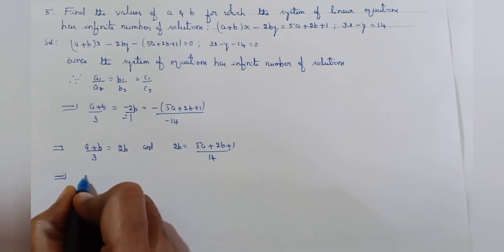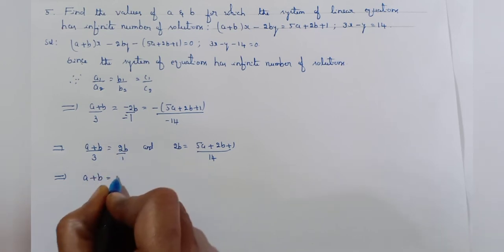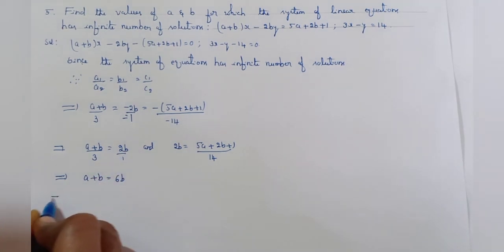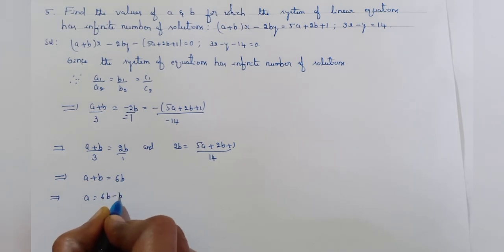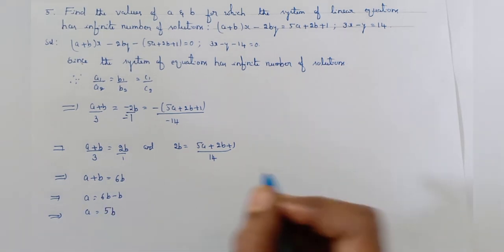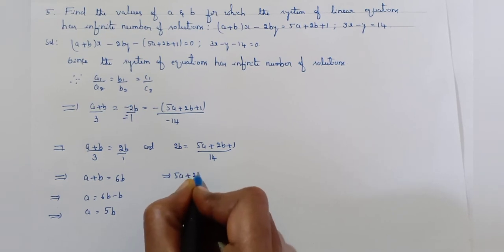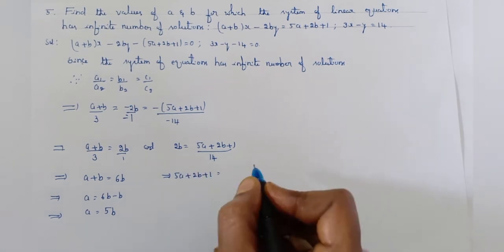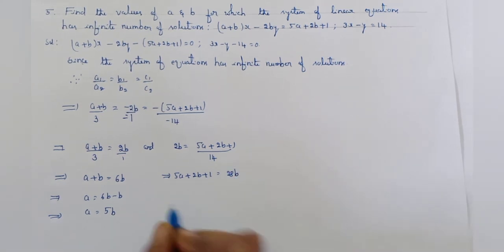Next, take the cross multiplication: a plus b is equal to 6b. So a is equal to 6b minus b. So a is equal to 5b. Next, here 5a plus 2b plus 1 is equal to 14 2s are 28b.